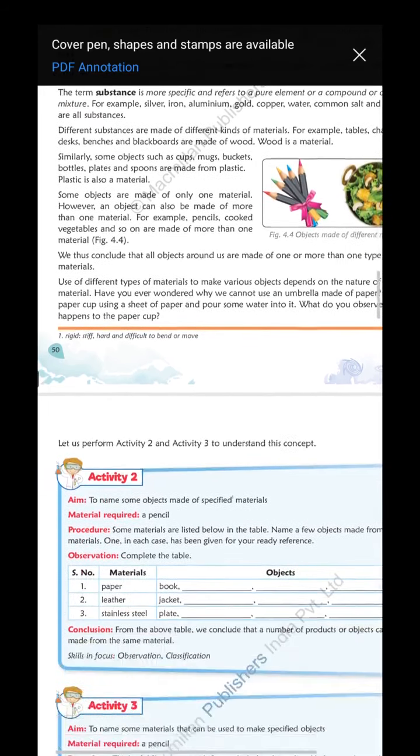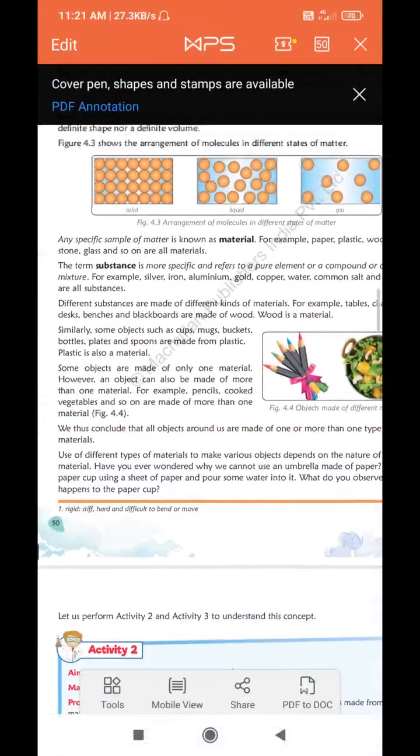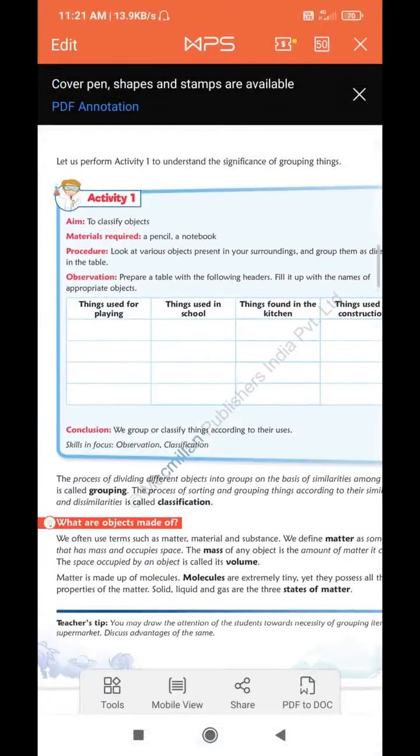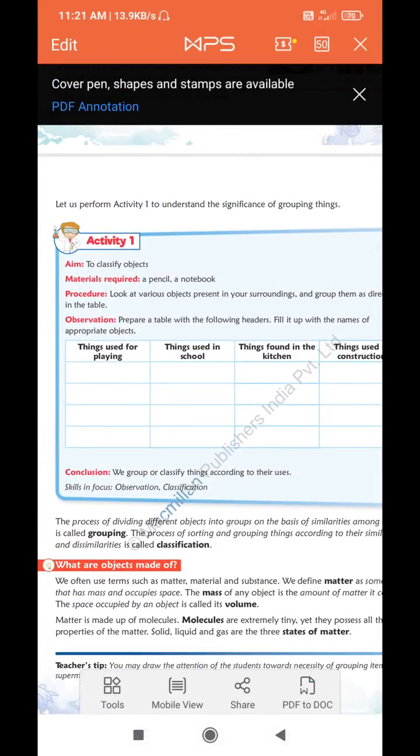All definitions we got now. Here in activity 1, we have to classify objects such as a pencil and a notebook. Things used for playing: ball, bat, toys. Things used in school: benches, tables, cupboards, chalk pieces, books, pens, pencils.